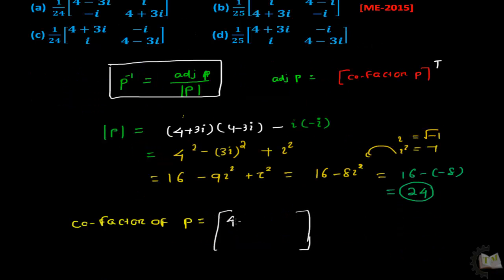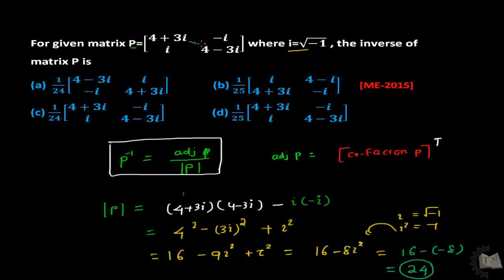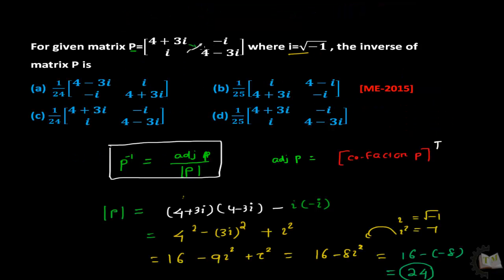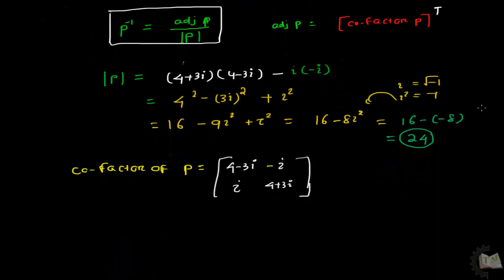It will be 4 minus 3i, 4 plus 3i, and also interchange the off-diagonal elements with negative sign, so it will be positive i, it will be negative. After interchanging these two, you multiply the signs minus, plus, minus, plus. So this is the cofactor of P.